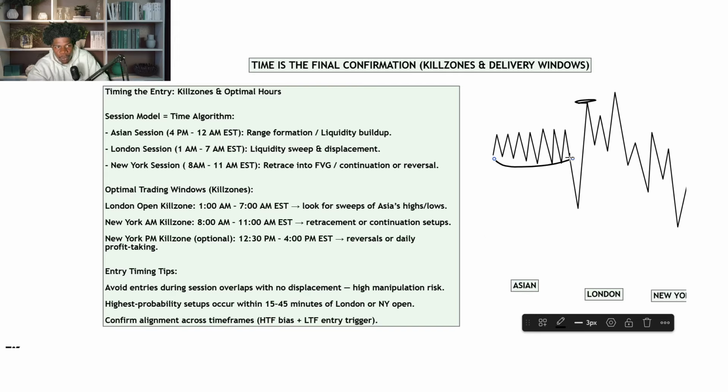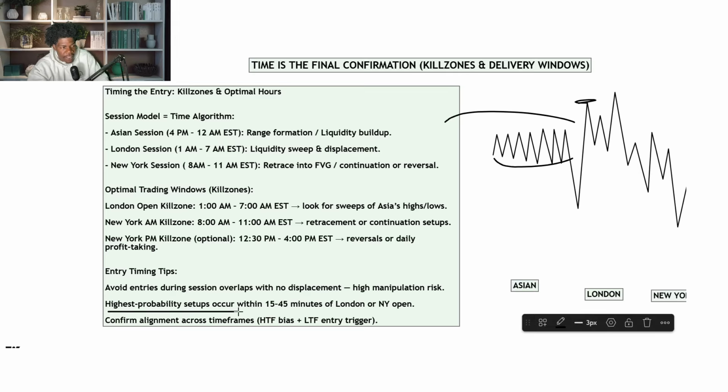After we see that price ran the lows and the highs of this Asian session, price gives us a second liquidity sweep, then displaces lower. Is that displacement a change of character, right? Because price was actually in this uptrend. This was actually a retest to continue higher. But price rejected from this and broke this internal range low. This is a displacement. This right here starts the reversal of this downtrend model.